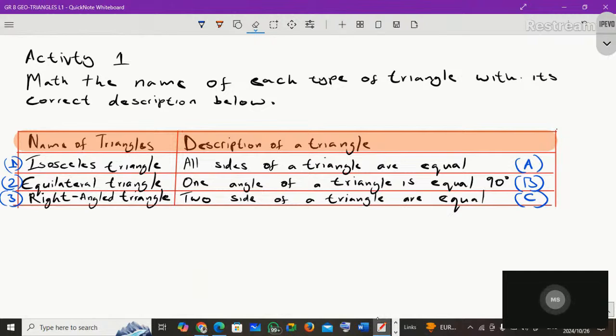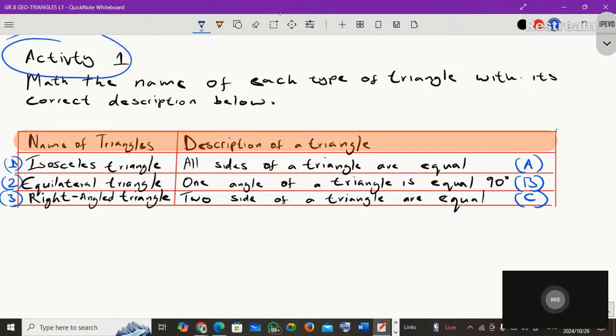So what are properties? Properties are characteristics of a triangle that you are sure you are going to get on a certain triangle. Look into those characteristics, properties of triangles. Okay, we will use activity 1 as our first example.